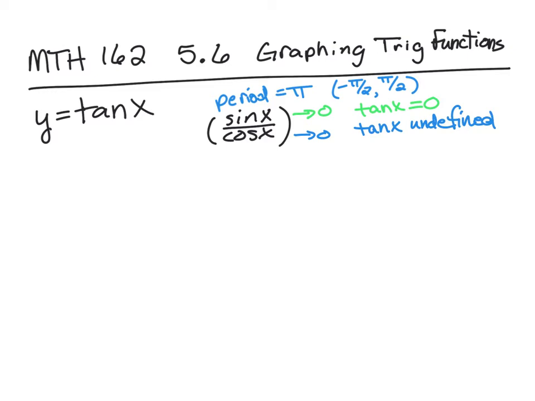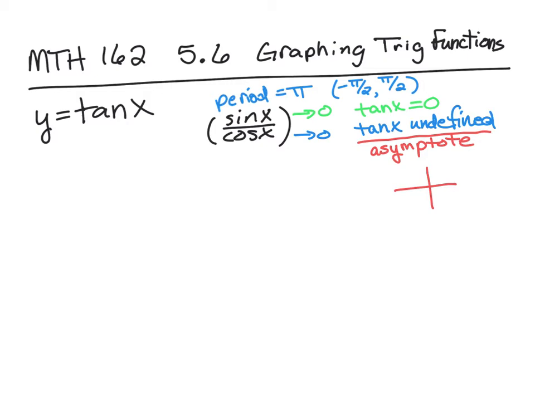Now, when we have a value that's undefined, that's going to be an asymptote. Okay, so wherever the cosine is 0, we're going to have an asymptote. Wherever the sine is 0, we're going to have a 0.